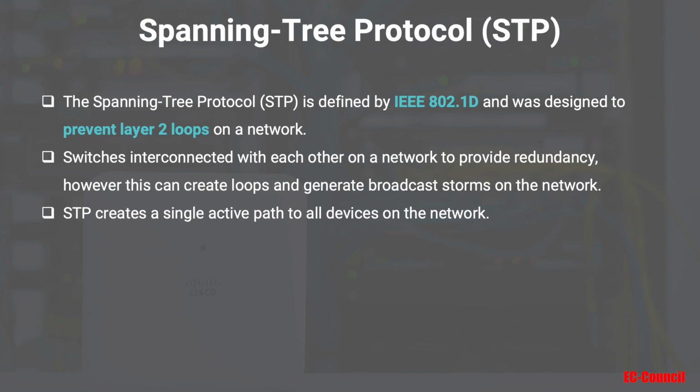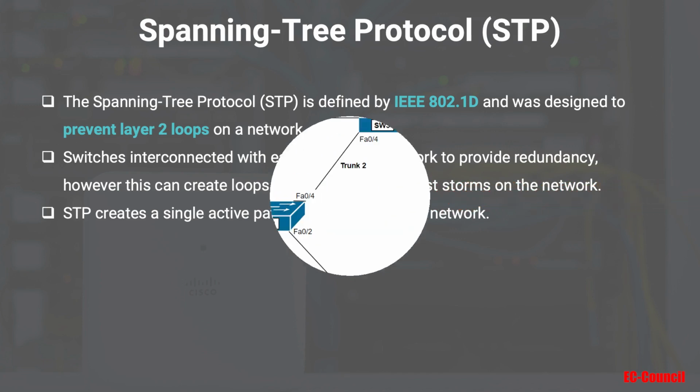So we want to keep redundancy, but we also want to prevent loops and broadcast storms. So how can we do this? This is where spanning tree, or STP, comes in to help us. With spanning tree, it creates a single active logical path between a source and destination on a switch network.